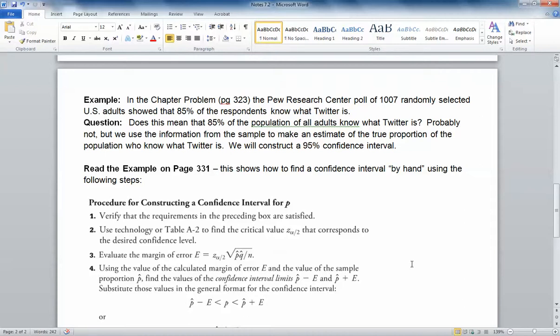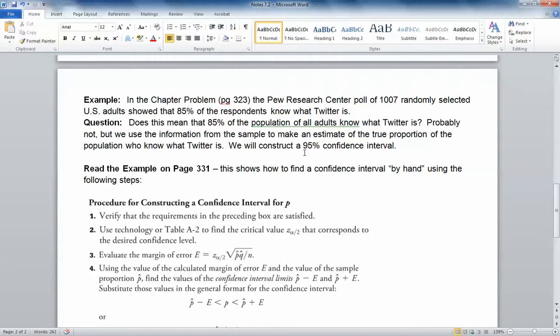So the question is, does this mean that 85% of the population of all adults know what Twitter is? There's many, many more adults than 1,007. So probably not. But what we do is we use the information from the sample to make an estimate of the true proportion of the population who know what Twitter is.